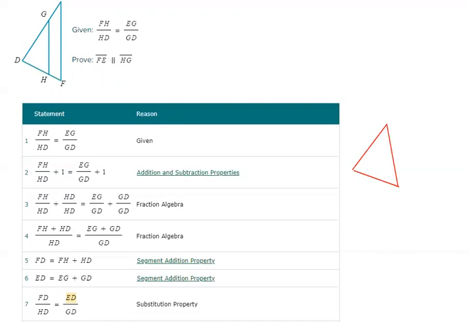Whenever you feel you are not getting stuff when there are two figures on the same picture, you can actually split them to make it better looking, because you can see the corresponding sides easily in those cases. So this is D, this is G, and this was H, and then this is B, this is E, and this is F. So what we know so far, we proved the two sides are proportional, right?